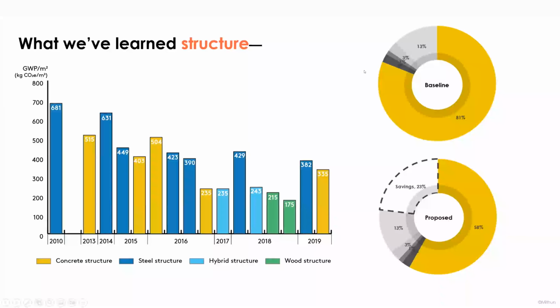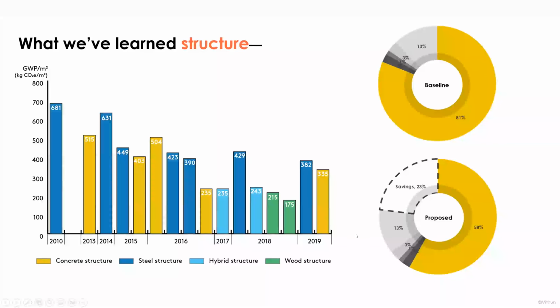So here you can see, over time, thankfully, we have been able to bring down the embodied carbon average of our concrete and steel structure projects. We've also increased the use of wood. We have far more timber projects than we have in the past, and also recognizing that hybrid structures can really go a long way in combining the efficiencies of these different types of structures.